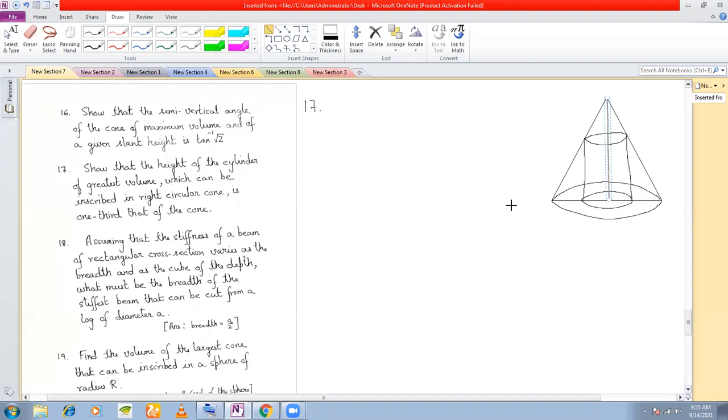Okay, this is the height of the cone. So here, if you see, the cone is given to you. So therefore, the volume of the cone must be constant because the cone is given to you.